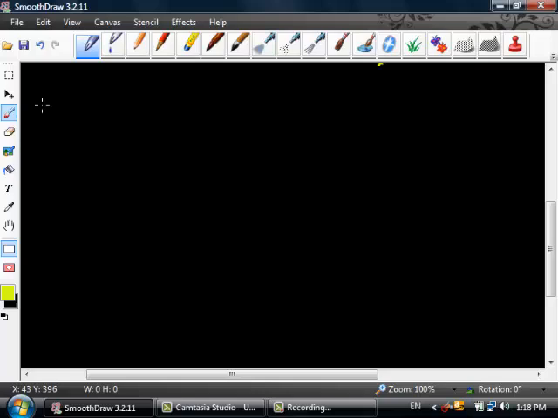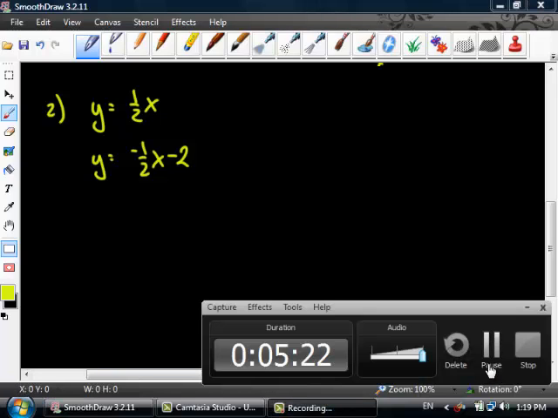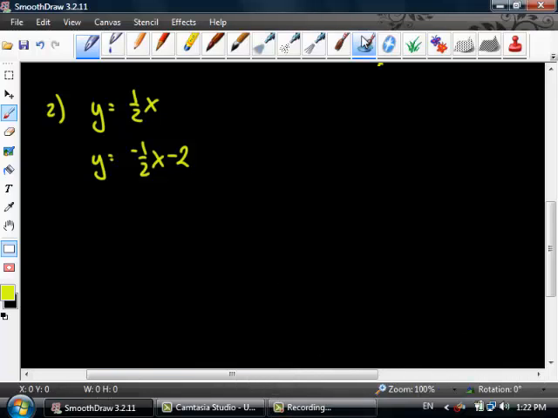Okay. Want you guys to do this one. Y equals 1/2 x. Y equals negative 1/2 x minus 2. Go and take care of that one, please. Okay. Piece of cake, right?